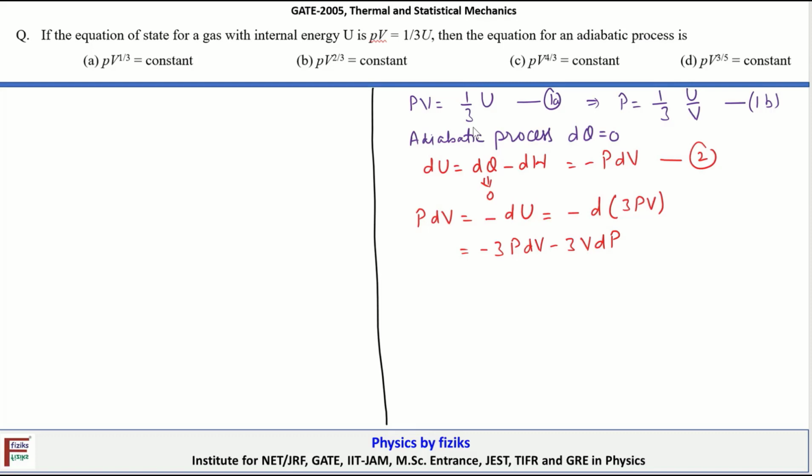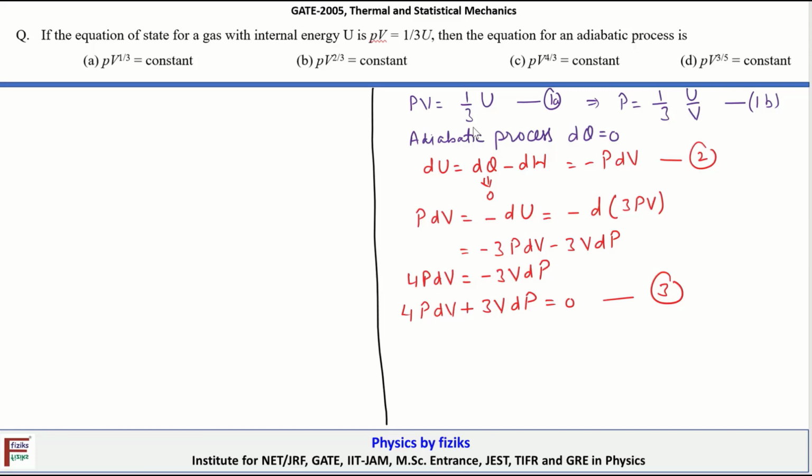After rearranging these terms, bringing p dV on the left hand side, it becomes 4 p dV is equal to minus 3V dp. Or this can be rewritten as 4 p dV plus 3V dp equal to 0. Let's call this equation 3.